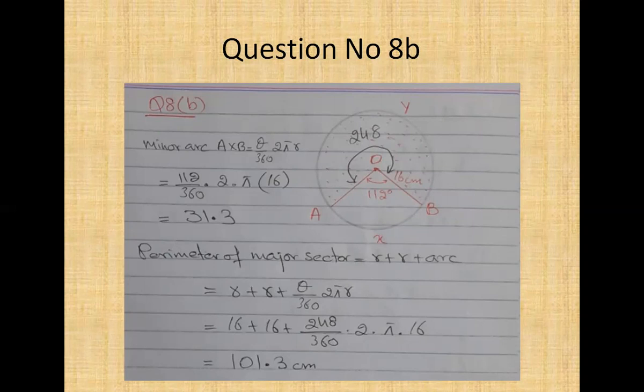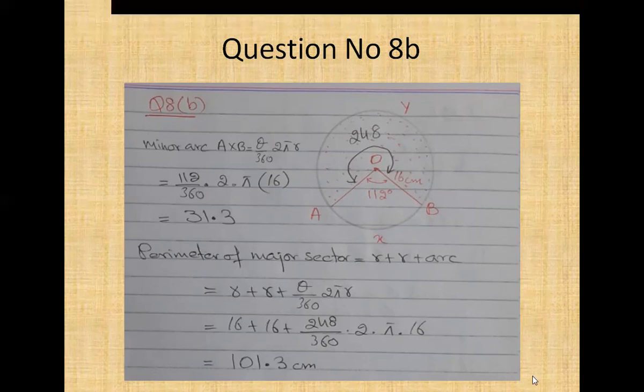So the radius plus theta divided by 360 multiply 2 multiply pi multiply r. So it will be 16 plus 248 divided by 360 multiply 2 multiply pi multiply 16 equals to, and the answer will be 101.3 centimeter. So the perimeter of the major sector is 101.3 centimeter.